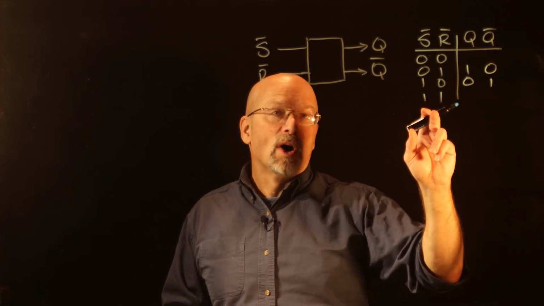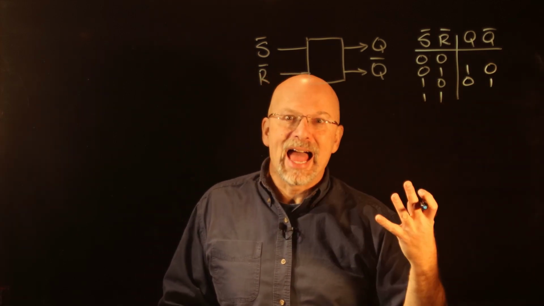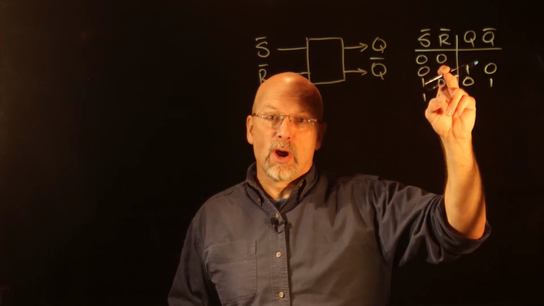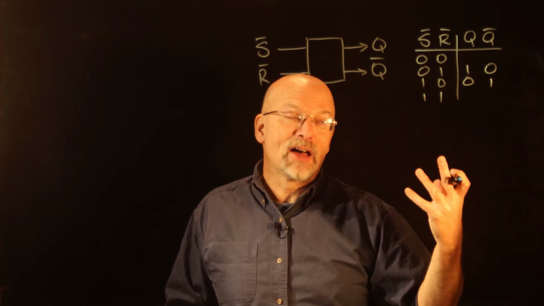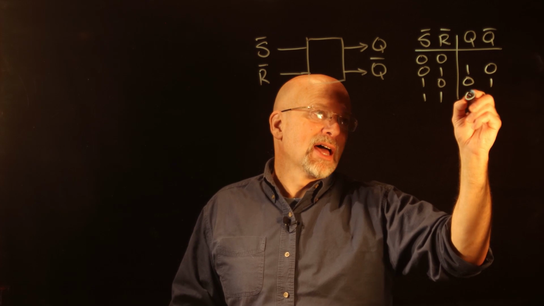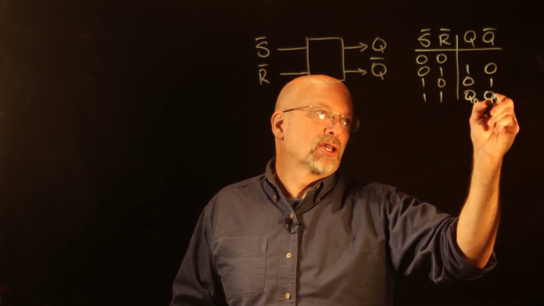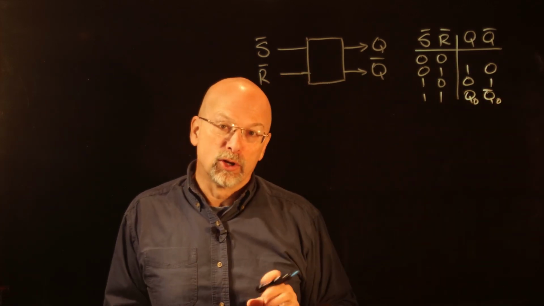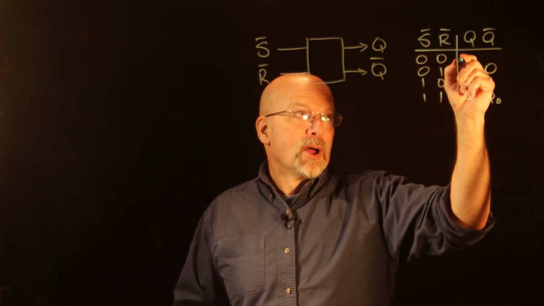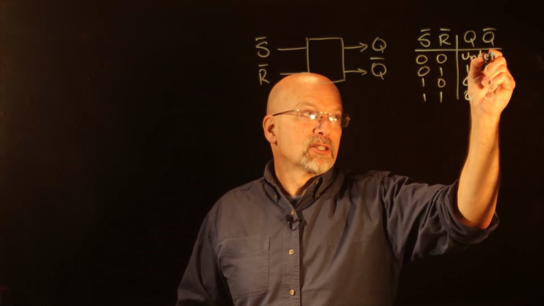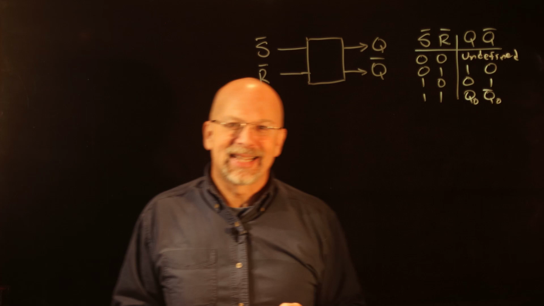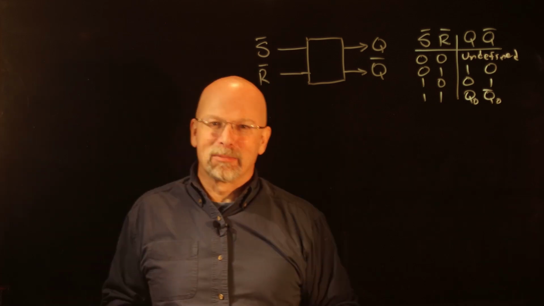Whenever I had 2 1s going in, whatever the last value we put on Q was, that was going to stay on Q, and the same was true for Q bar. This top row was undefined because you can't set and reset at the same time.